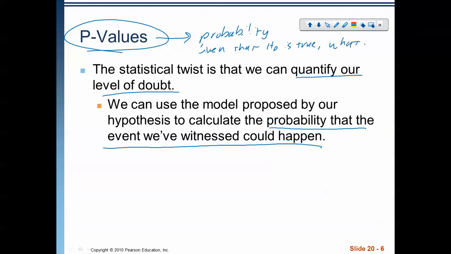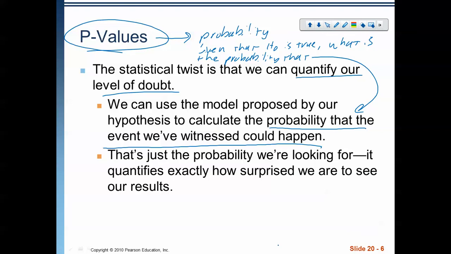what is the probability that, and then I'm just going to point an arrow down here. What's the probability that the event we've witnessed could happen? So we are going to calculate this level of doubt by saying, given that the null hypothesis is true, what's the probability that the event we've witnessed could happen?